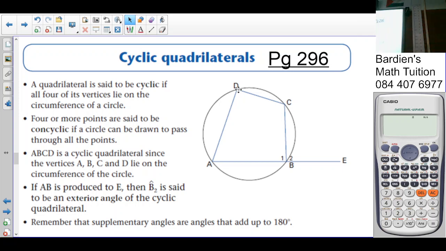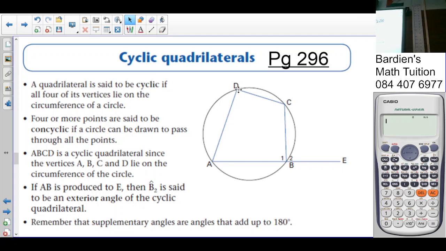So read that bullet point again. 4 or more points are said to be concyclic if a circle can be drawn passing through those points. The third bullet: ABCD is a cyclic quadrilateral since the vertices A, B, C and D lie on the circumference of the circle. As you can see here, A, B, C and D are lying on the circumference of the circle, therefore it is a cyclic quadrilateral.